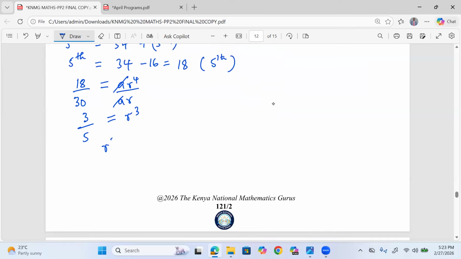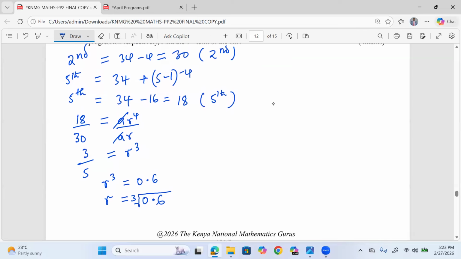So R^3 equals 0.6, meaning that R is the cube root of 0.6. Let me have it like that.